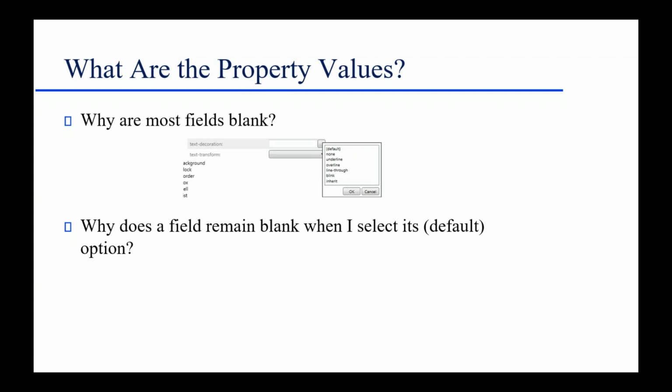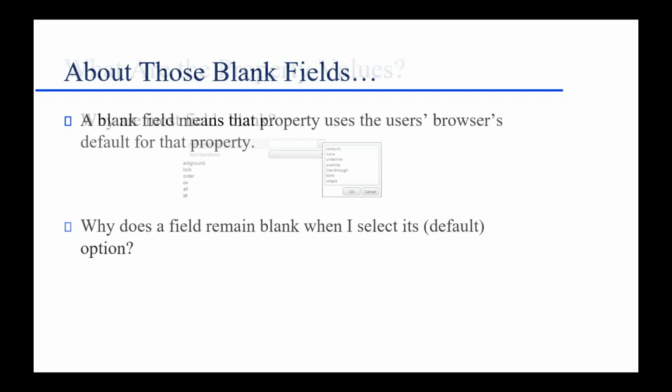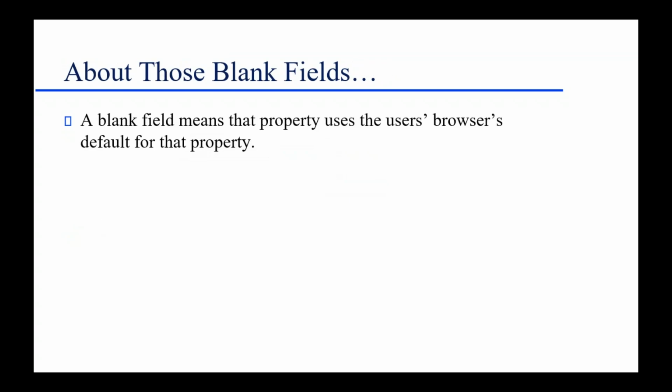All right, common question, why are most of the fields blank? And why does a field remain blank if I select its default option? You'll see that almost every property dropdown has a default option invariably at the top of the list. So if I'm selecting the default option, it doesn't seem to work. The answer is actually pretty straightforward.